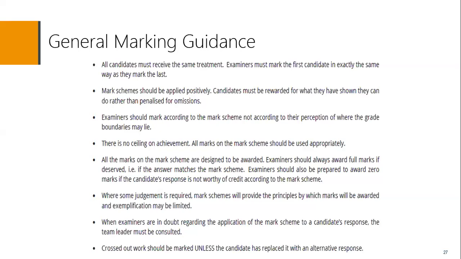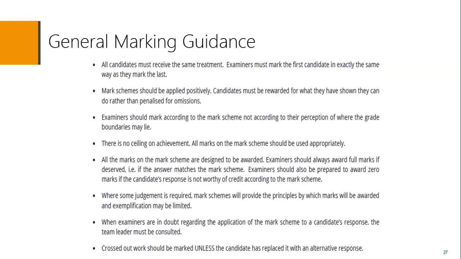So there is general guidance common to all the mark schemes for the information for examiners when they are marking the papers. The guidance is designed to encourage positive marking that rewards candidates for what they know.